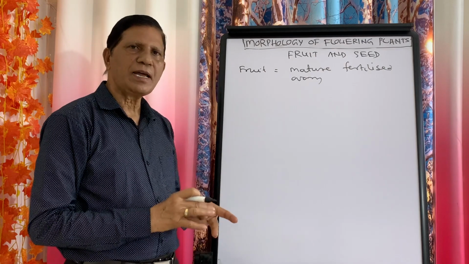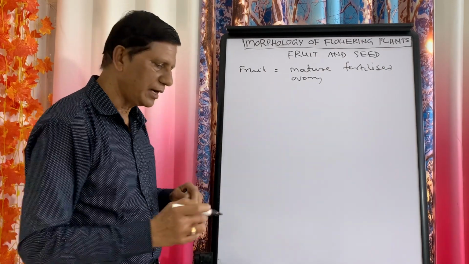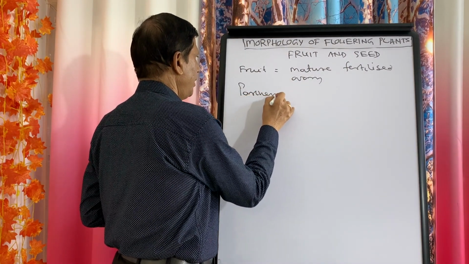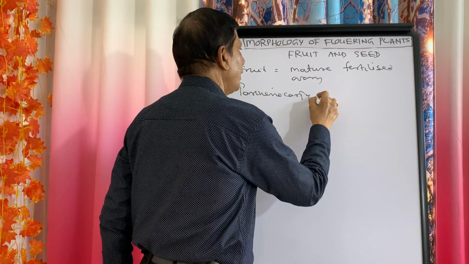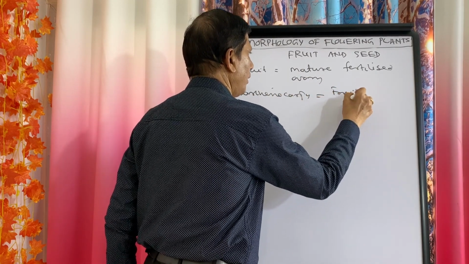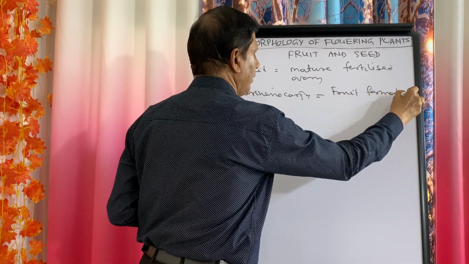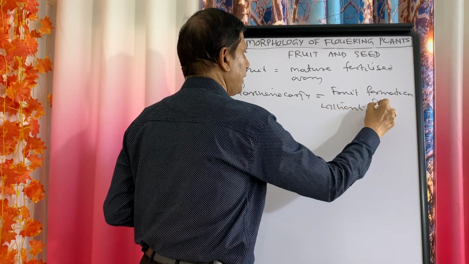But sometimes without fertilization also the ovary gives rise to fruit. That is known as parthenocarpy. Parthenocarpy means fruit formation without fertilization.